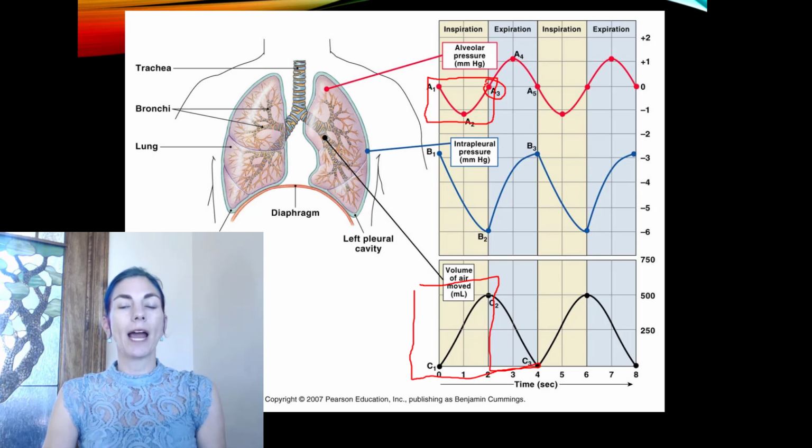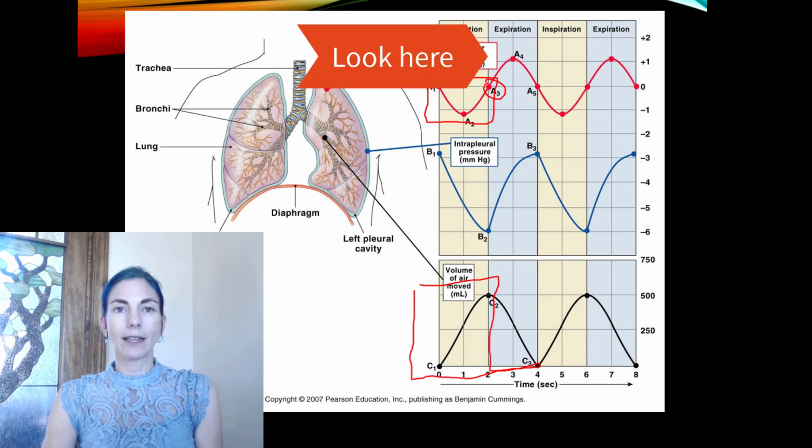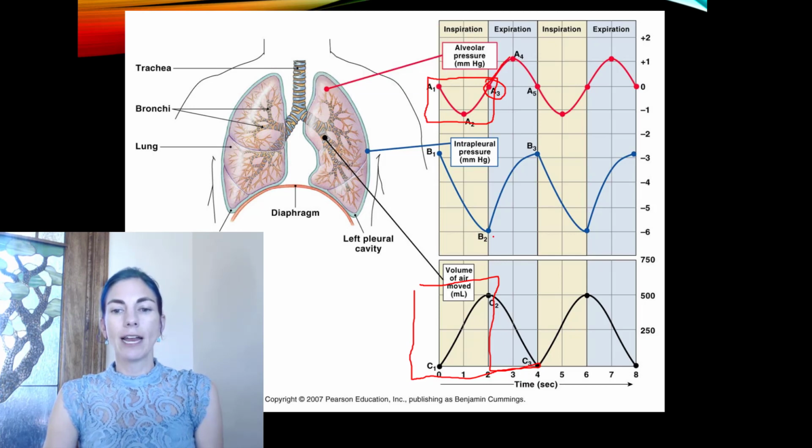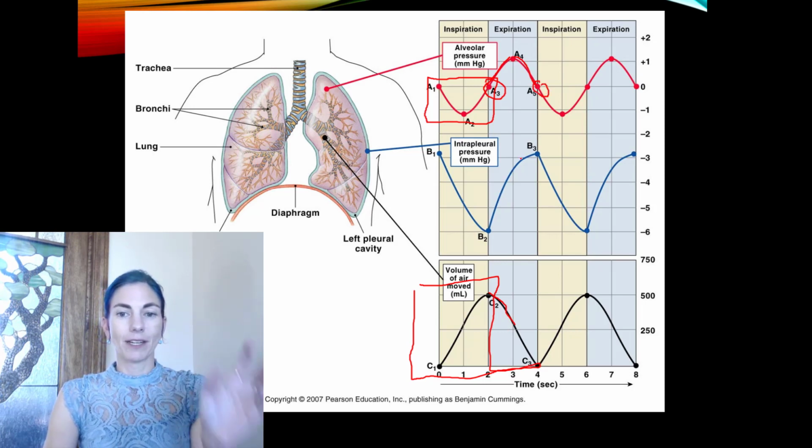That's going to increase the pressure by decreasing the volume. So there's that increase in pressure. Now there's a pressure gradient. Air starts moving out, but as air moves out, the pressure is eventually going to reach equilibrium with the atmosphere.